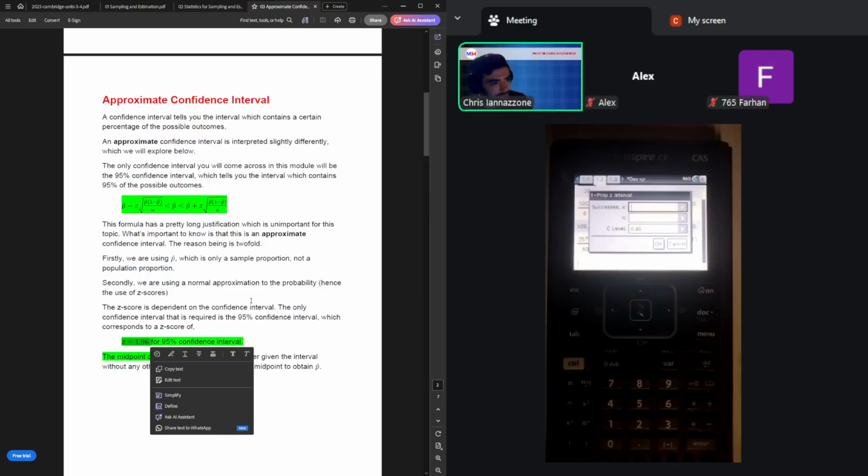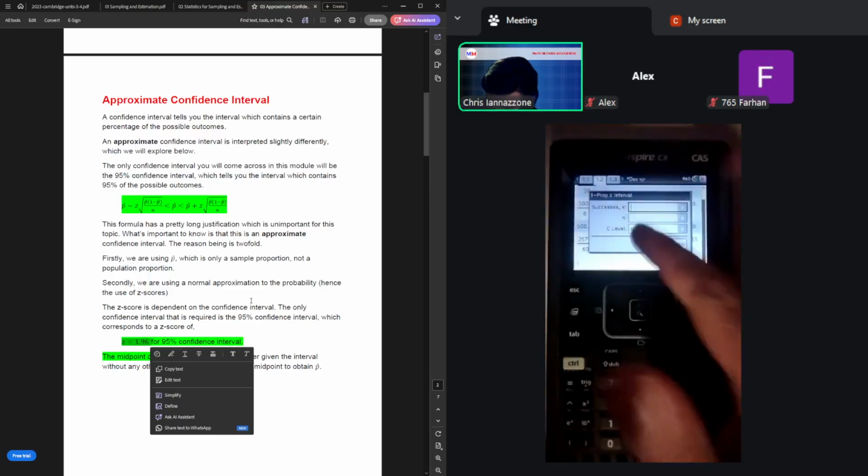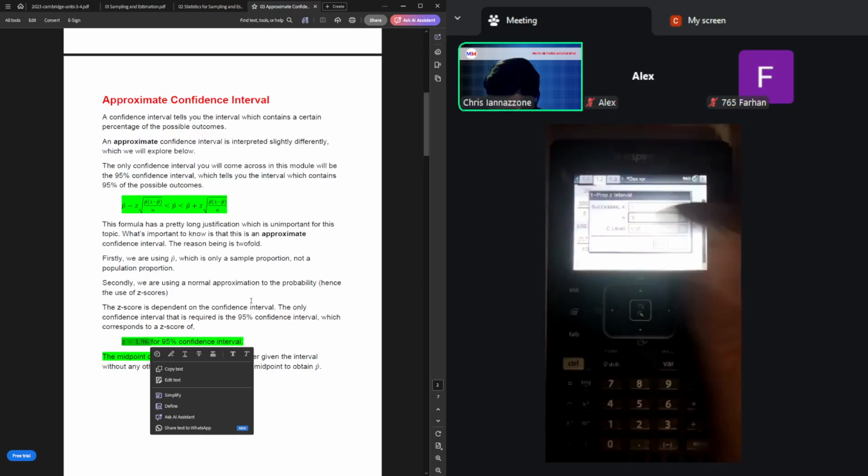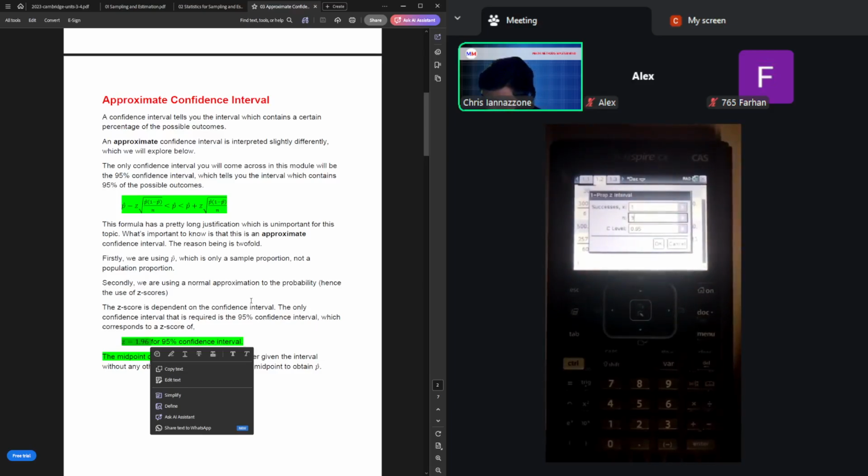So make sure you use the actual numbers, not necessarily just looking at the simplified p hat and then splitting them up. And then all you do is you put your confidence level, which is pretty much always going to be 95%. So actually, just to explore that real quick, let's have a look. So let's say we're splitting up our p hat into x equals 1, n equals 3.